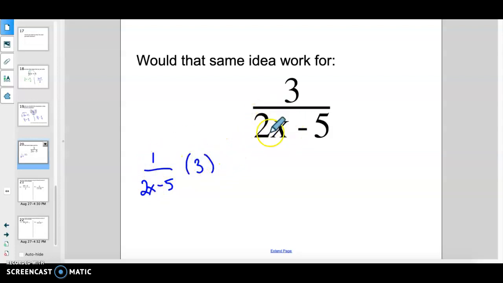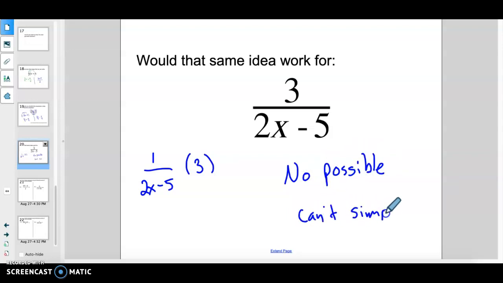And you cannot split up the denominator, so I couldn't have done this as 3 over 2x minus 3 over 5, because this denominator has to stay with the whole thing. So on this one, you can't simplify. We're just going to say not possible, or can't simplify. It's just going to stay as it is.